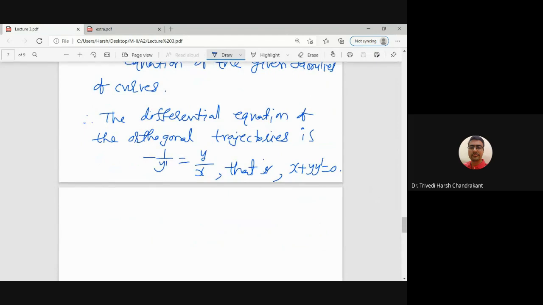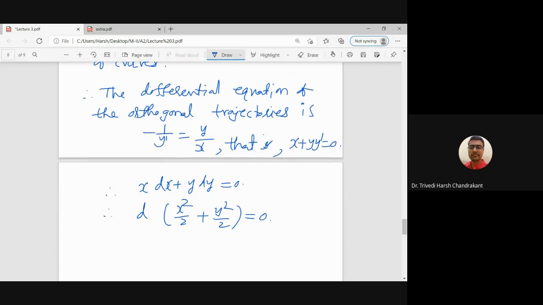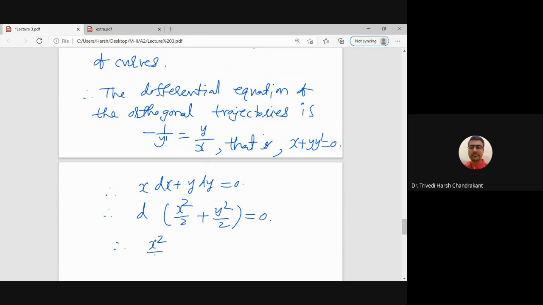So let us solve it. Since we have this differential equation, we can also write it as x dx plus y dy is equal to 0. That is nothing but the exact derivative of x square by 2 plus y square by 2. And then we just integrate it, and we get the solution.